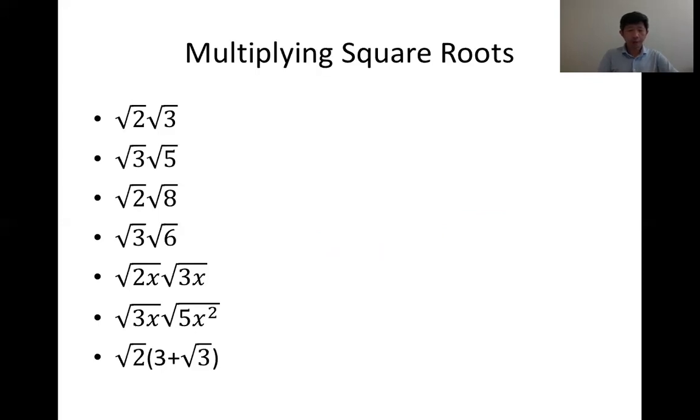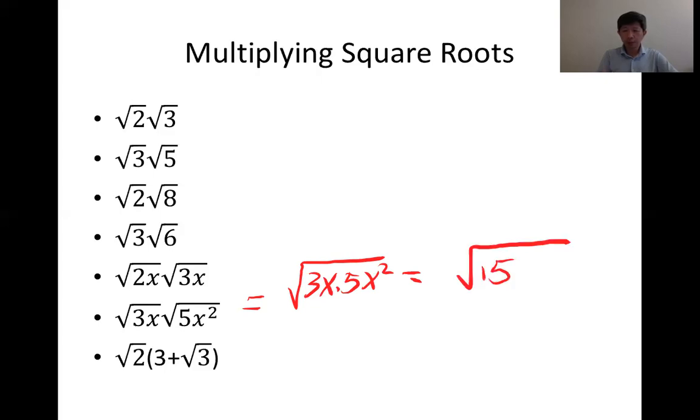Next problem. Square root of 3x times square root of 5x squared. Right? So now in this problem, multiply together, 3 times 5, 15, right? So we have 15 times x.